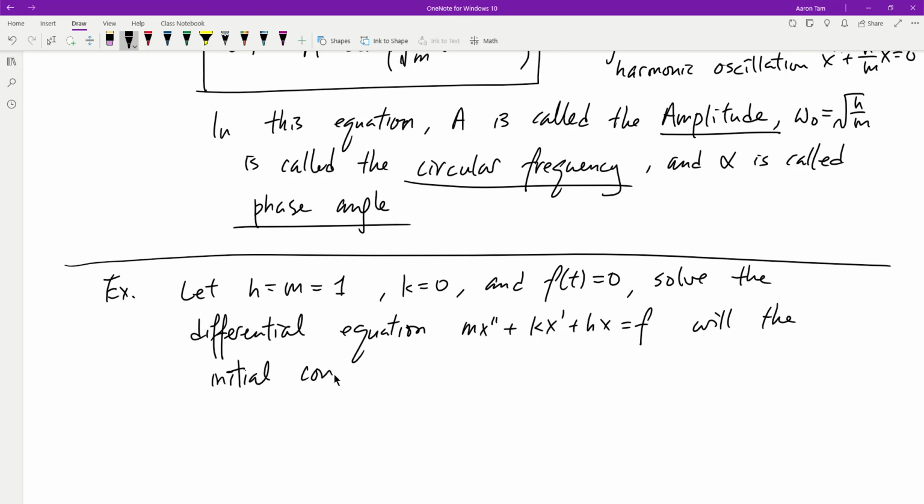The initial condition basically defines the initial displacement and the initial velocity of the piston. So let's just say initial position x of 0 equal to 1 and x prime of 0 equal to 1 also. So let's make it easy. Let's just make everything 1.